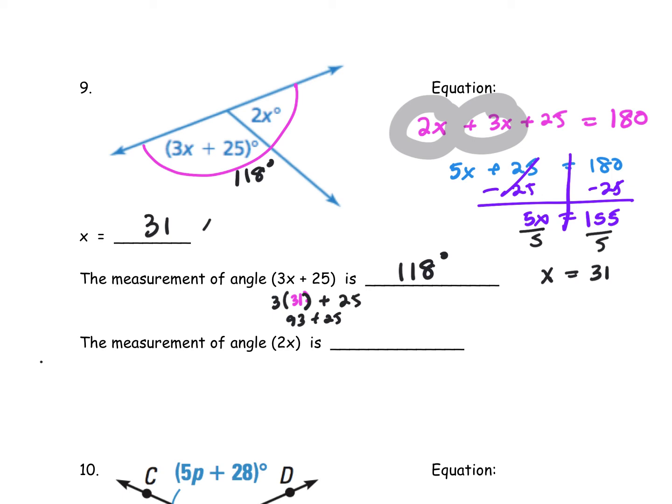There are a couple ways we can find this. Let's start by replacing x with our 31, and that answer would be 62, or you could have taken 180 minus 118, and you would have also gotten 62. But I like to do both to double check. So let's do our final problem. Let's continue.